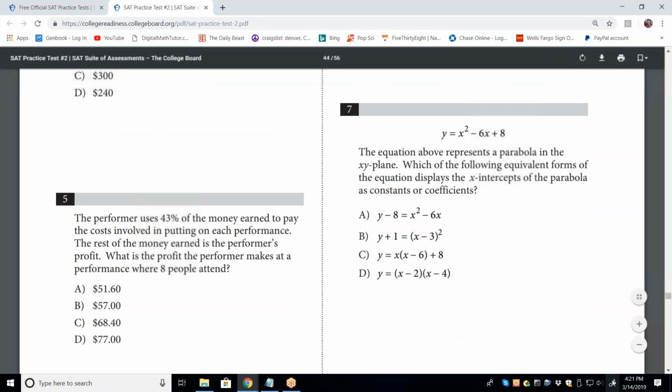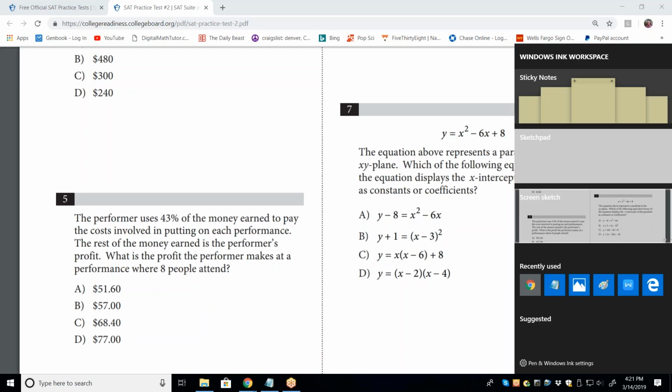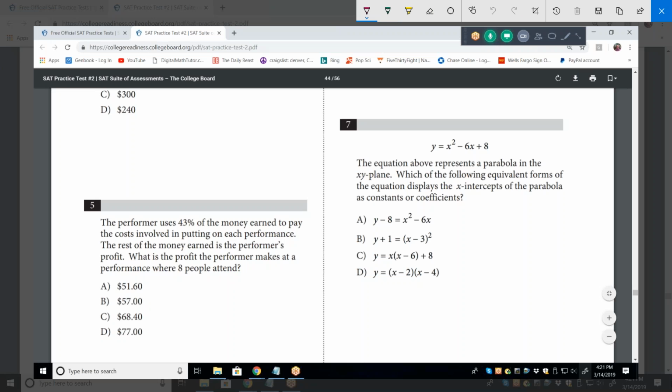Okay, number 7. Okay, so for this one, I would factor the equation, and I would get y is equal to x minus 2, x minus 4.